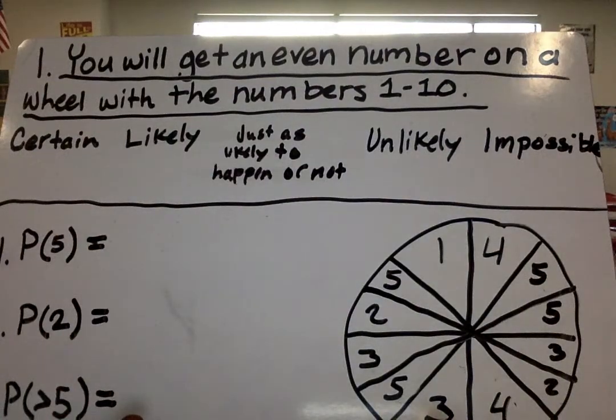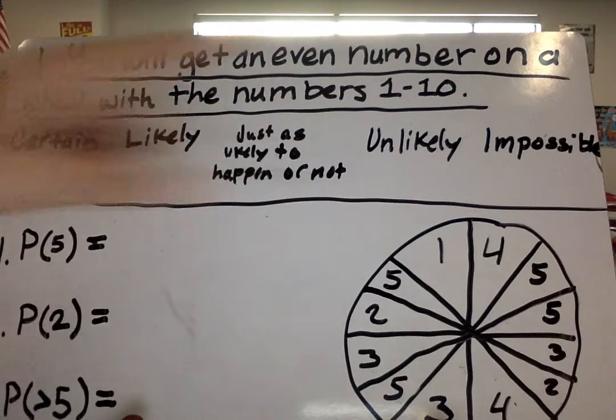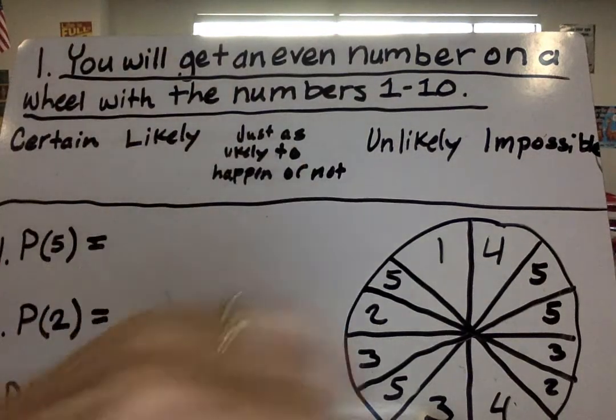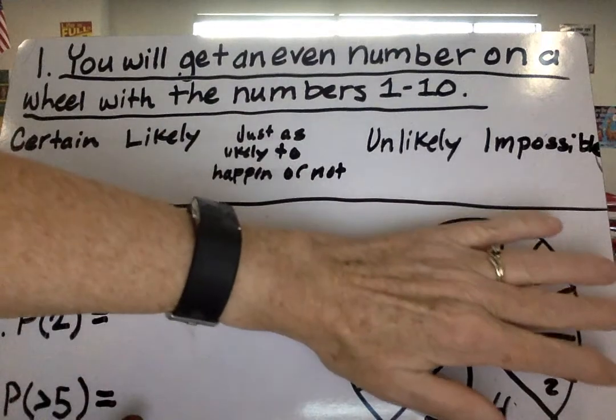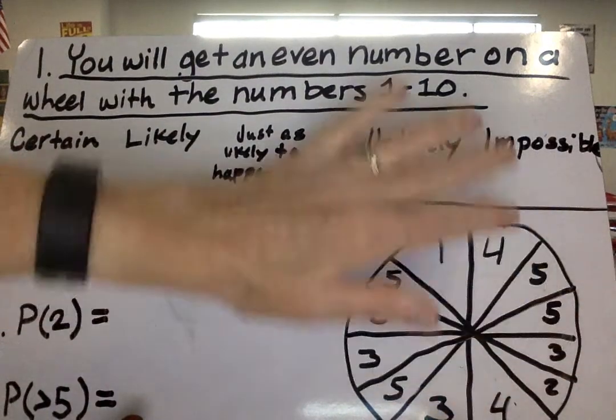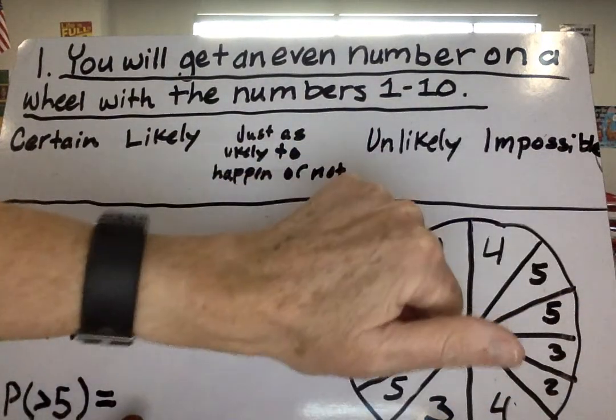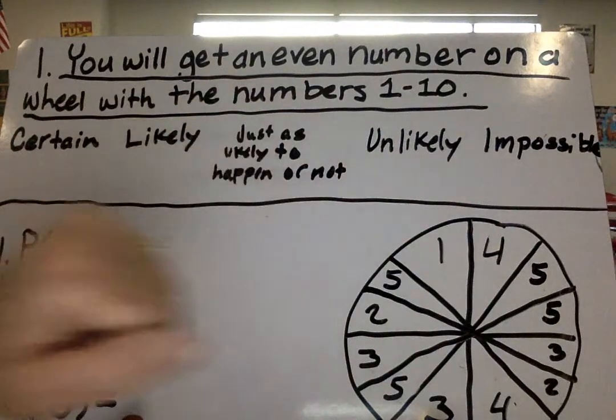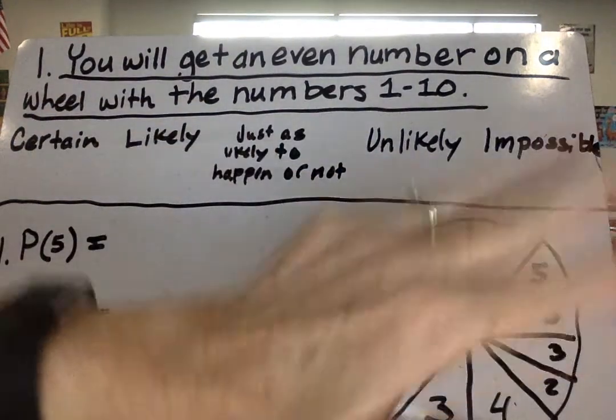Okay, so how many even numbers do we have here? If it has the numbers 1 through 10, how many numbers between 1 and 10 are even? 2, 4, 6, 8, and 10.